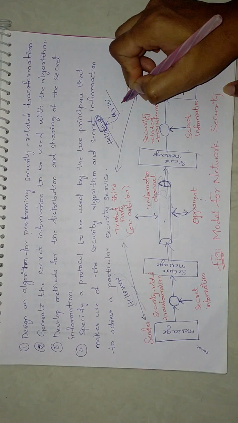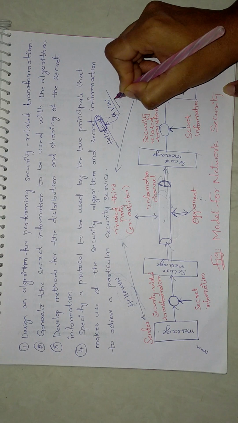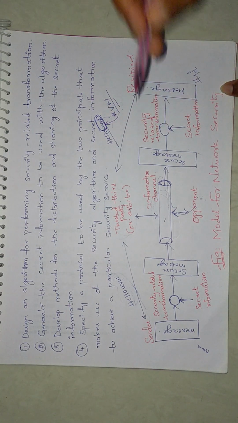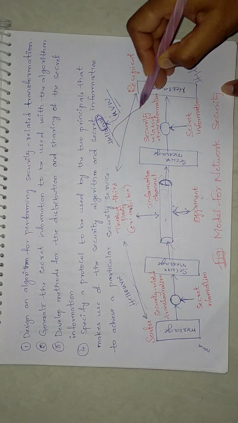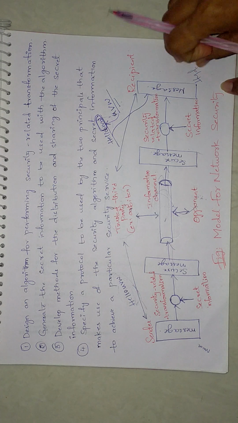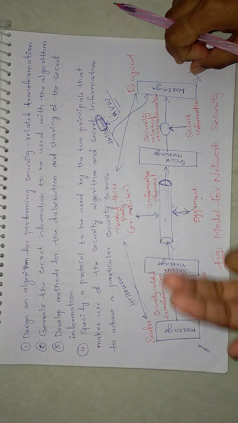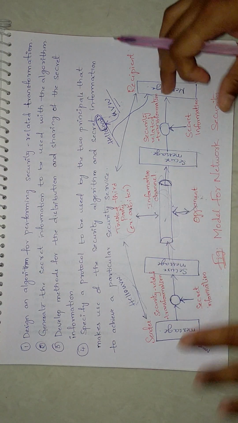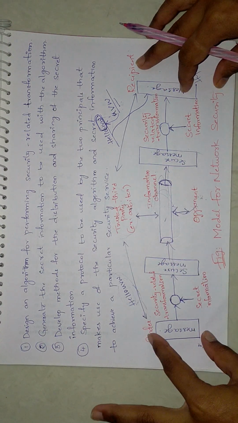So this is correct. This is not modified data. Now whatever the remaining thing, that is the actual message. Now they will send the actual message to the recipient in Hyderabad. This is how the information will be passed from one end to the other end. So this much of the process will be completed between the sender and the receiver.